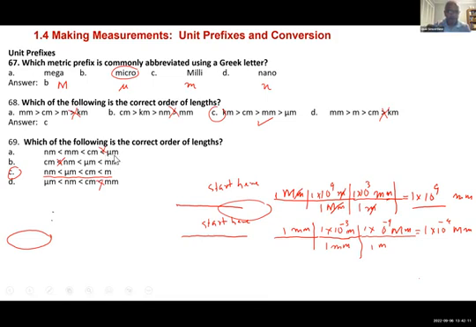These are all less than. Micrometer is the smallest. Therefore, centimeter cannot be less than nanometer. That's the contradiction. On choice C, nanometer is smaller than micrometer, and micrometer is smaller than centimeter. That's the correct order. So therefore, you get the answer C.